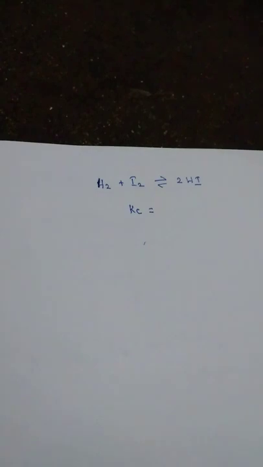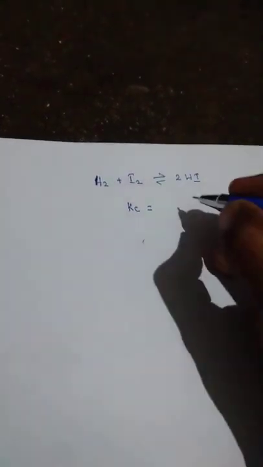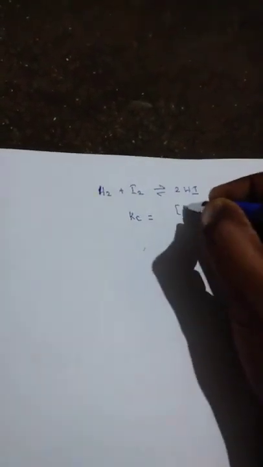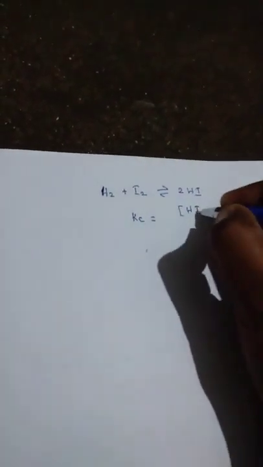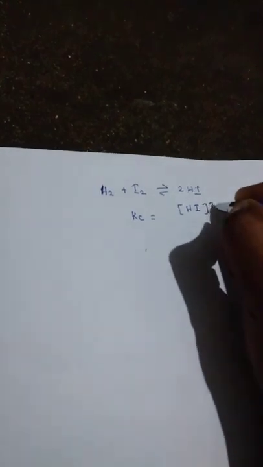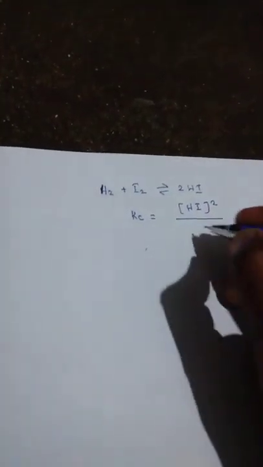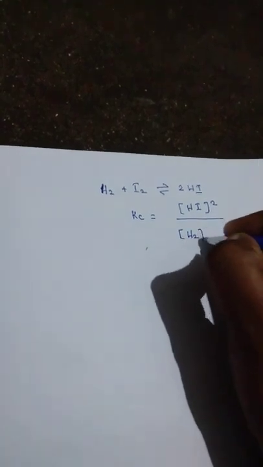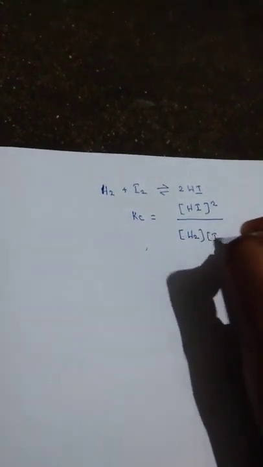The Kc formula we already learned: concentration of product divided by concentration of reactants. So Kc equals concentration of hydrogen iodide to the power of coefficient 2 divided by concentration of hydrogen into concentration of iodine.